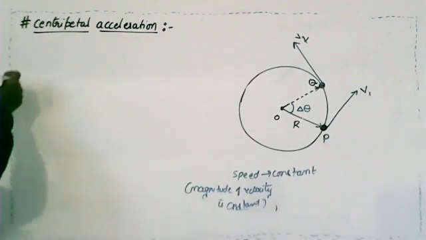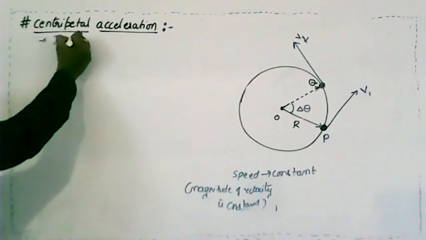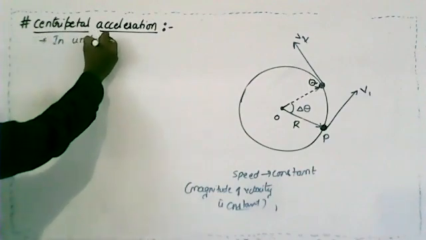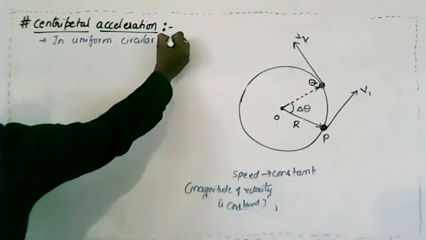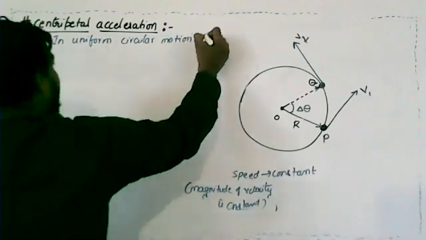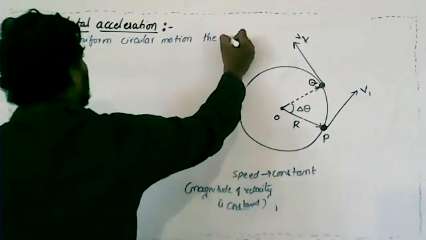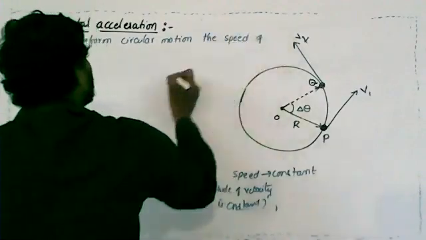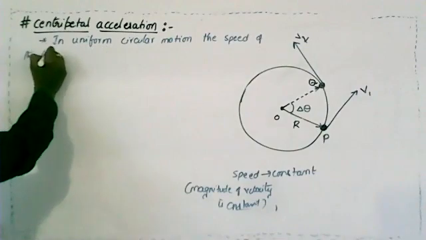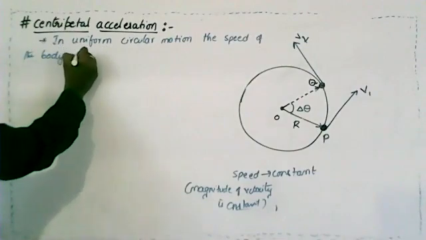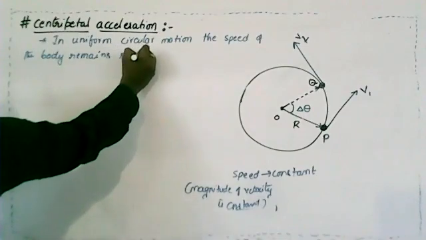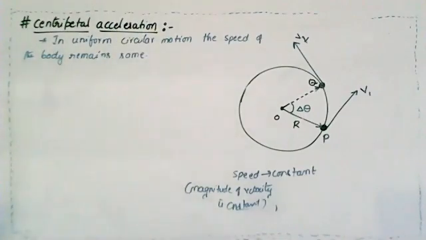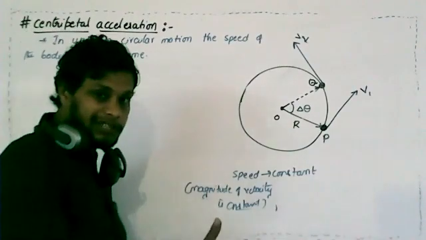So I'm going to write that point. In uniform circular motion, the speed of the body remains the same or constant. But the velocity changes continuously. Why?